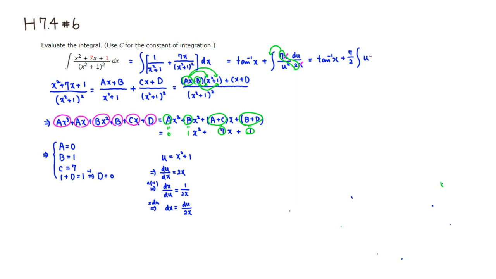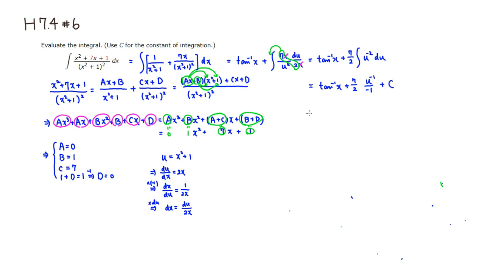I would like to write it as u to the negative 2, because u squared is sitting on the bottom, with respect to u. Then we can find the antiderivative. The arctangent of x is still there, and the 7/2 is still there. Add 1 to the power, so it's going to be u to the negative 1. Then you divide through by negative 1 and plus some constant c.